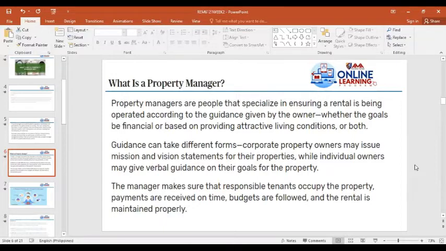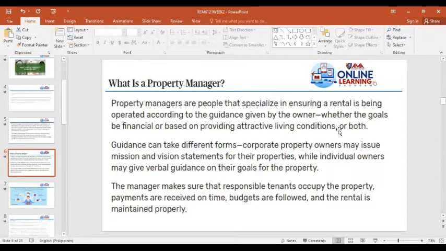Guidance can take different forms. Corporate property owners may issue mission and vision statements for their properties, while individual owners may give verbal guidance on their goals for the property.